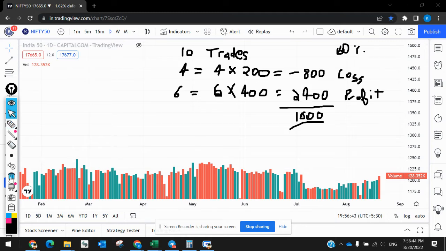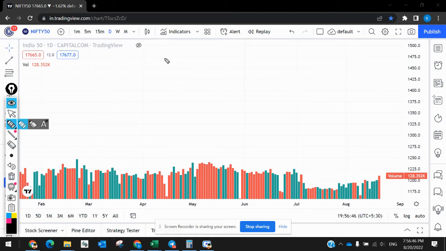Now let's change this to 50% accuracy and 1 is to 2 risk reward again. Now 5 trades are loss, I lose 200 each, and 5 trades are profit.